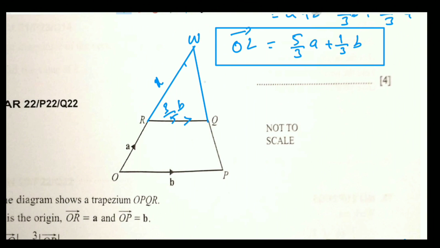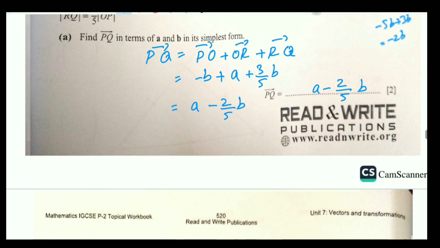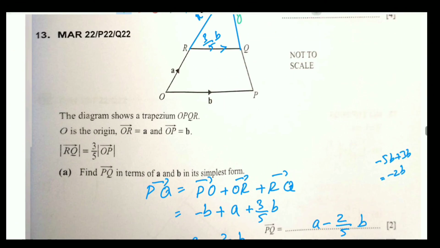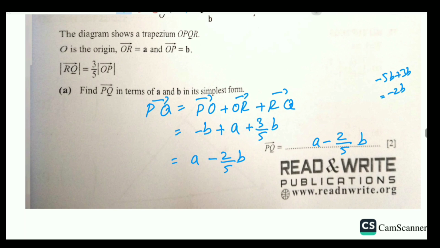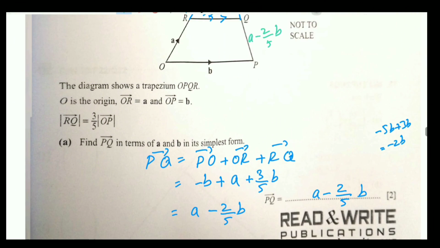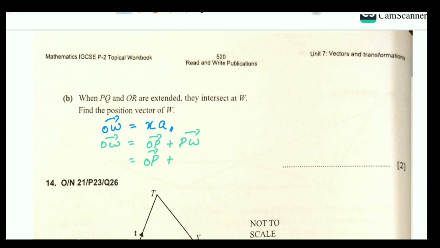We don't know QW, so we will suppose it as Y, and PQ we have calculated in part A, that is A minus 2 by 5B. So PW is Y of A minus 2 by 5B.